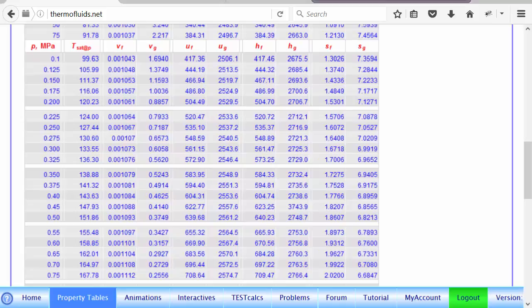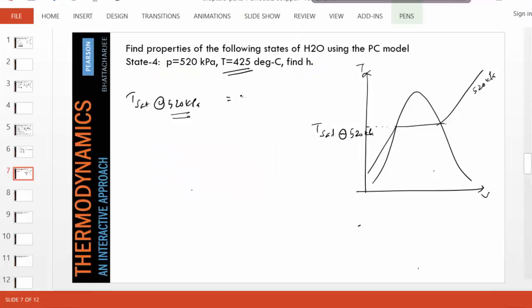Let's say it's 153. Then we come back here and say this temperature is 153 degrees Celsius. So if this is 153, and the given temperature is 425, that must be way higher over there, right? So maybe this is state 4. So obviously state 4 is superheated.